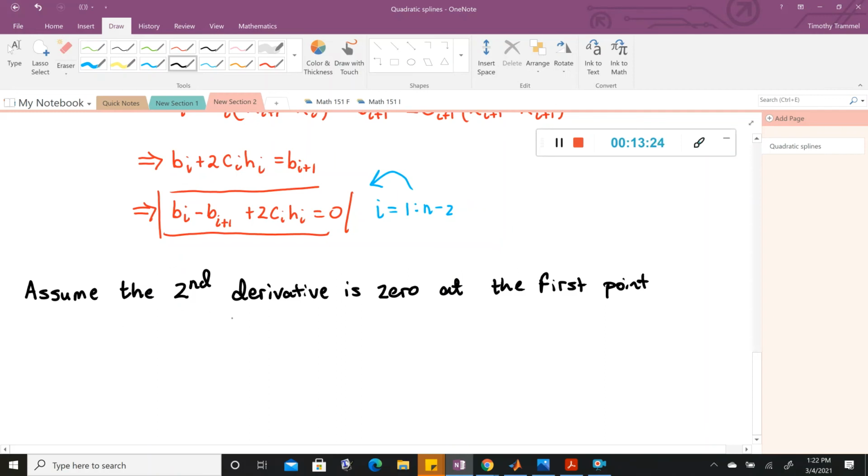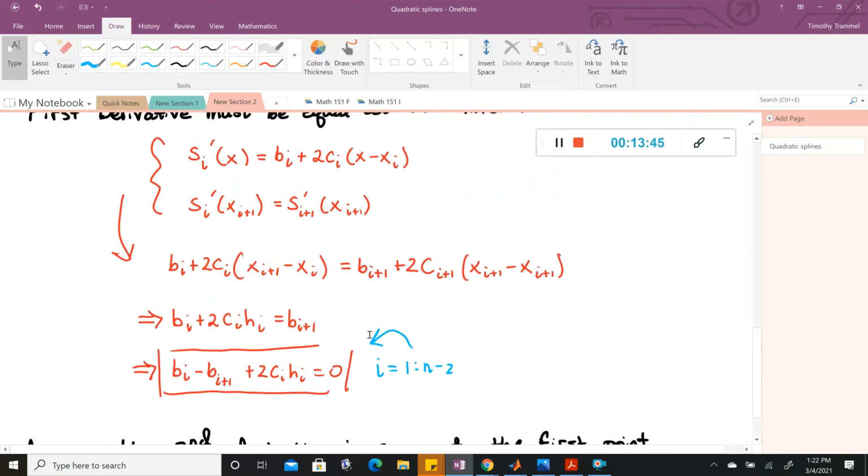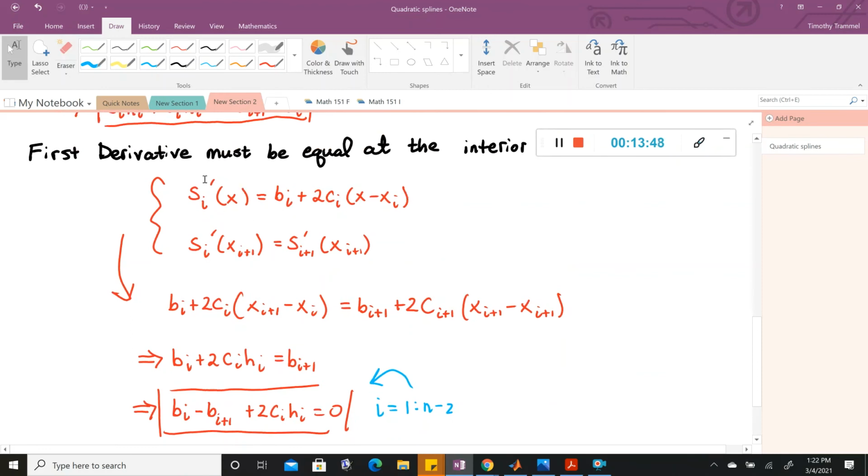So let's see what that second derivative would look like. Let me just switch the color here. We have our second derivative of the ith spline is equal to, and I'm going to move up so we can see what the first derivative looked like. Okay, so we differentiate this thing right here with respect to x.